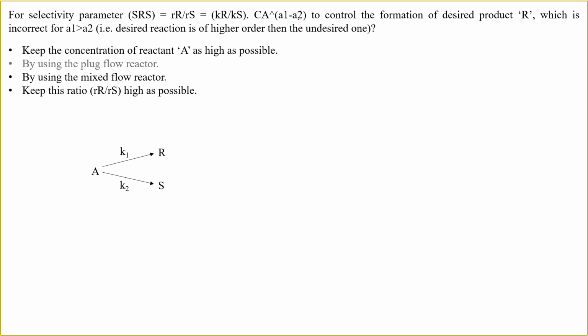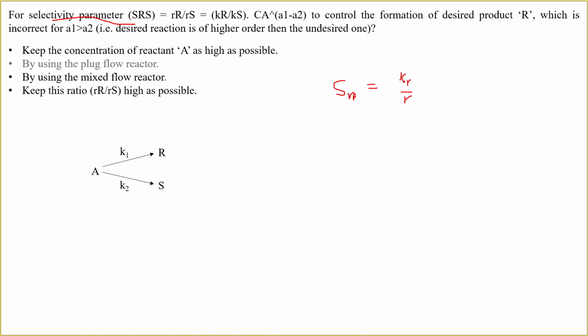Okay, so we know this, and we have already seen two examples in the previous questions. So from there, we can tell how this question is going to work. How the selectivity parameter is defined is, here you can write S and the rate of formation of R. The rate of formation of R is given by the rate constants KR by KS, effectively multiplied by the concentration terms raised to their respective orders.